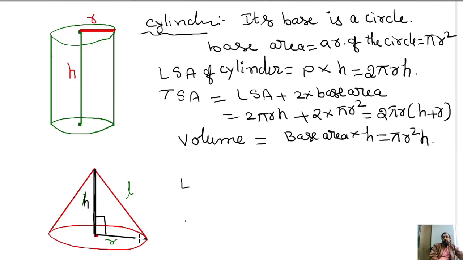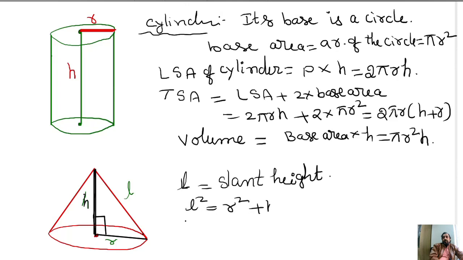In the right angle triangle, by the Pythagoras theorem, with l as the slant height, l square is equal to r square plus h square, so l is the root of r square plus h square.